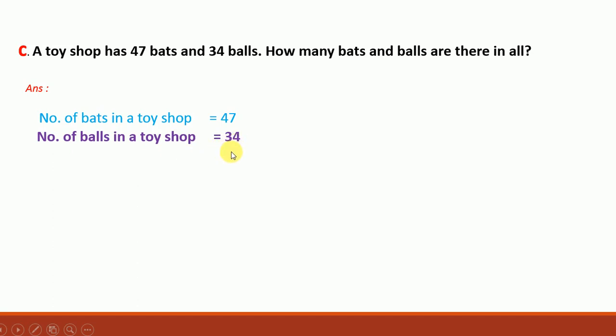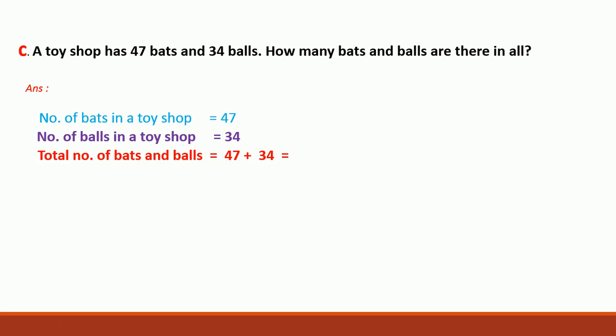In the question they told us to find how many bats and balls are there in all. So we have to write the statement like total number of bats and balls. We are going to find the total number of bats and balls. So 47 plus 34.